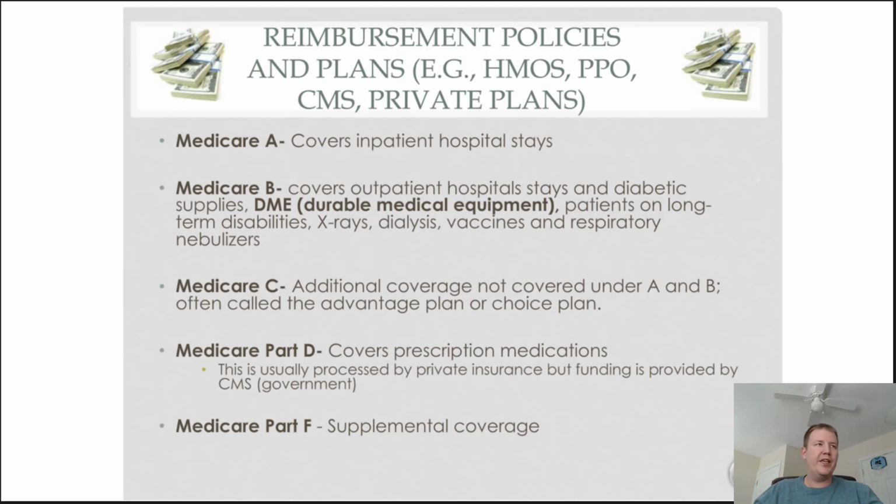So again, to recap, you're going to see a Medicare Part D card the most often. That's D as in dog. And that's what you're going to use to bill the vast majority of prescriptions that come into the pharmacy.